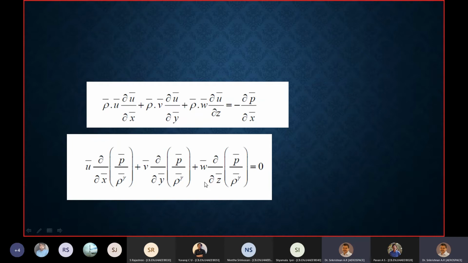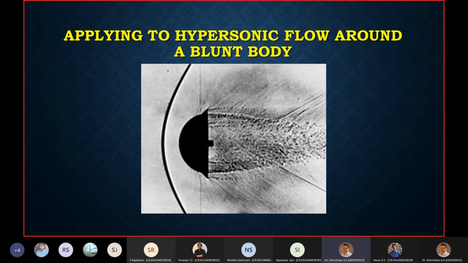By the same approach, that is u being replaced by u by u infinity, rho replaced by rho by rho infinity, p replaced by p by half rho infinity v infinity squared, as we have seen. And similarly for the energy equation also. Now, all that we have done is to non-dimensionalize the governing equation. Any questions so far?